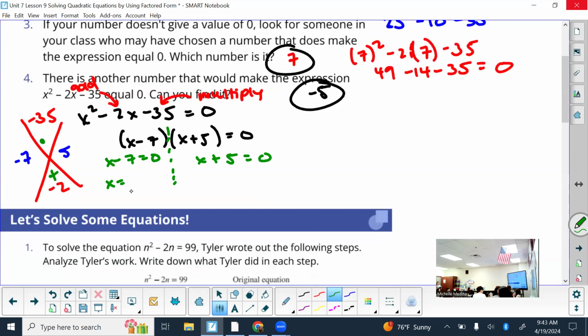What minus 7 would give me 0? Table 6, can you tell me what minus 7 gives me 0? Okay, good. That's why 7 was one of my solutions. And table 7, what plus 5 would give me 0?